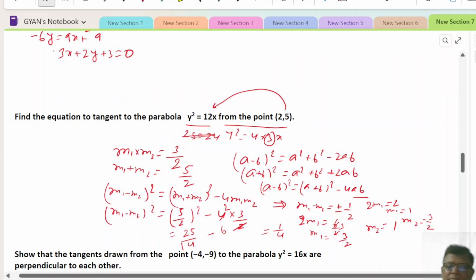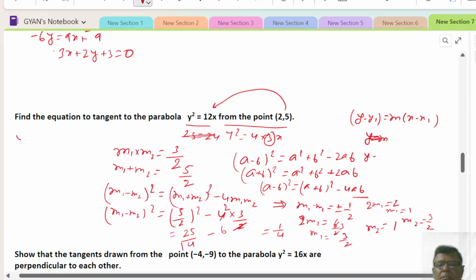So same thing. Now what is the equation? The equation will be y minus y1 is equal to m into (x minus x1). Anything you can put.